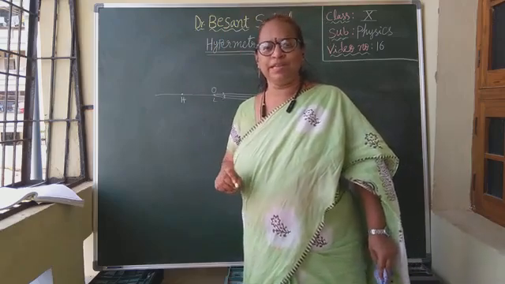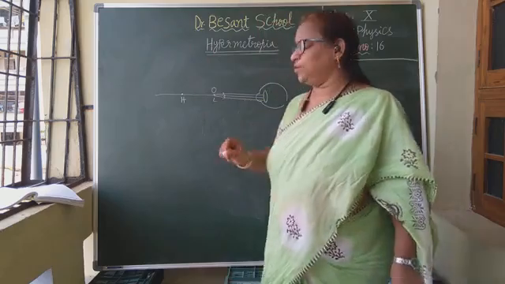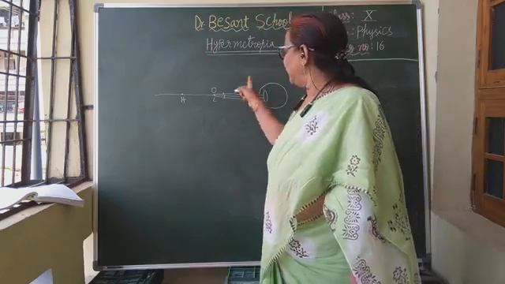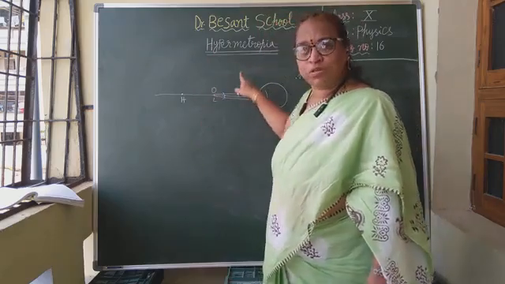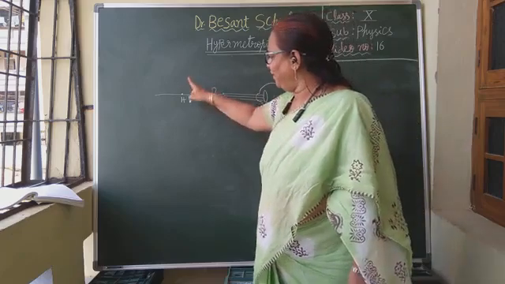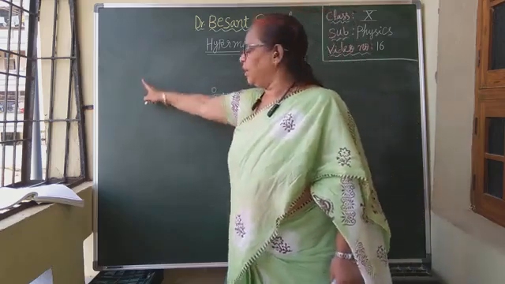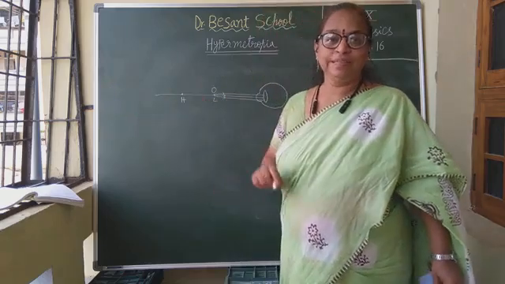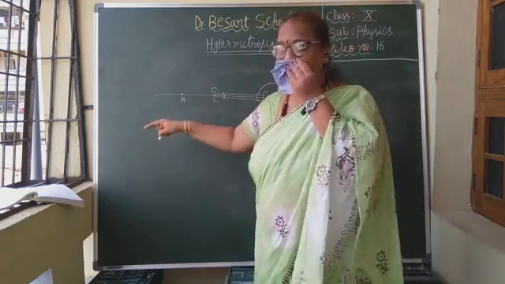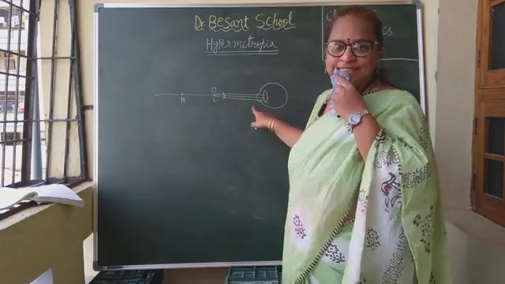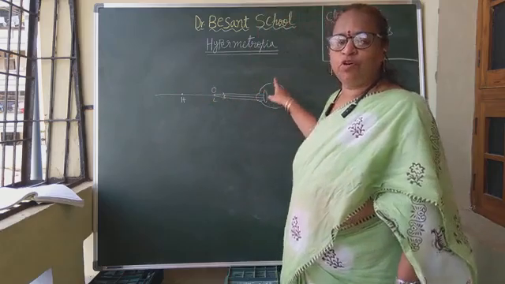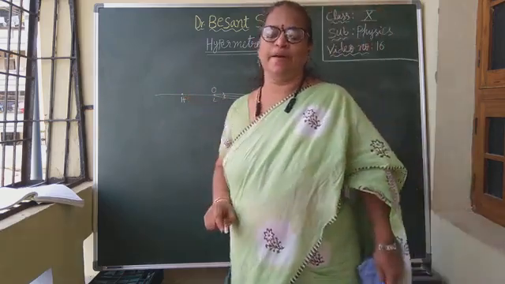I hope I am clear, children. The image of this object because of the lens should form at H, that is the near point, or beyond the near point. Then that image will act as an object for the eye lens, which makes the image form exactly on the retina.